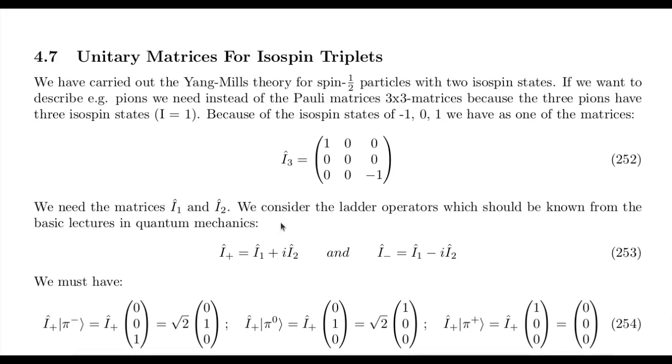To do this, we consider the ladder operators. That should be known from the basic lectures in quantum mechanics. The ladder operators: I plus is I1 plus I2, and I minus is I1 minus I2.